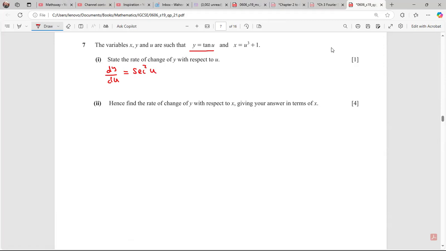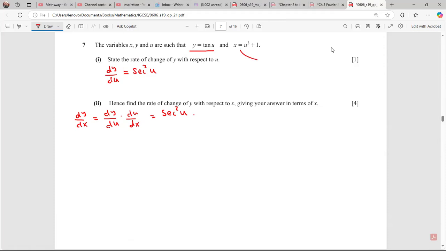Okay. Now second part, find the rate of change of y with respect to x. Now we need to find dy by dx. And you know the chain rule, it is dy by du into du by dx. So dy by du we already found, it is secant square u. And what is du by dx?